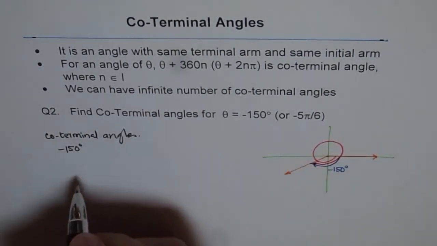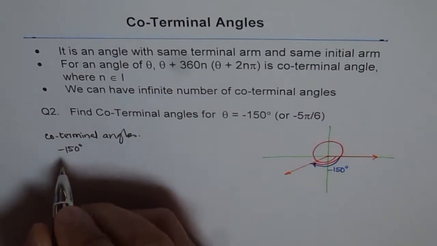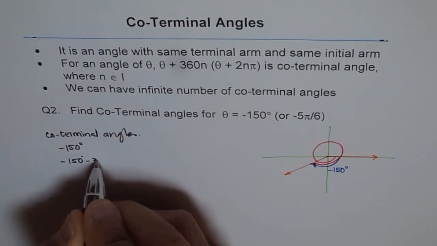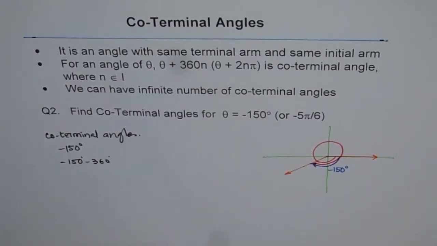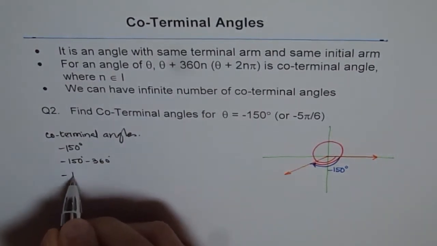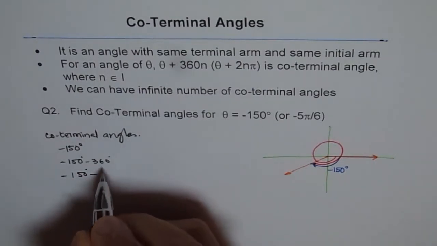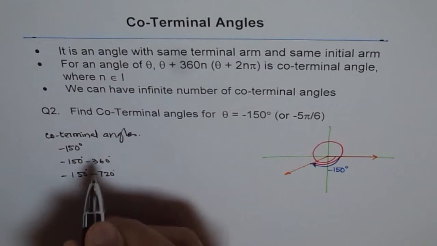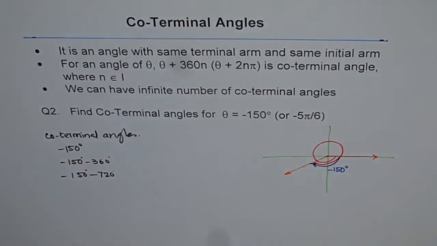So we'll add minus 360, minus 360, right? So the next one will be minus 150 degrees minus 360 degrees. We can add using calculator. Then we can have minus 150 degrees minus 2 times 360, that is 720 degrees. And so we get so many. Do you see that? So those are all our coterminal angles.